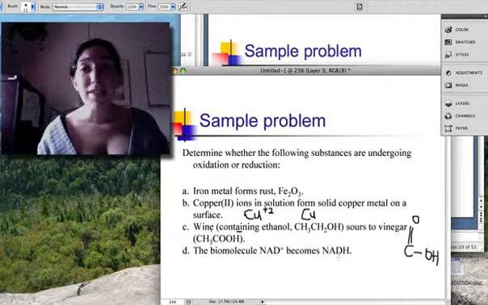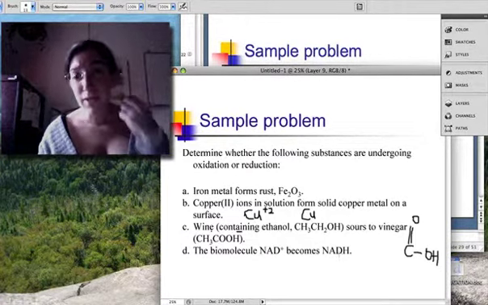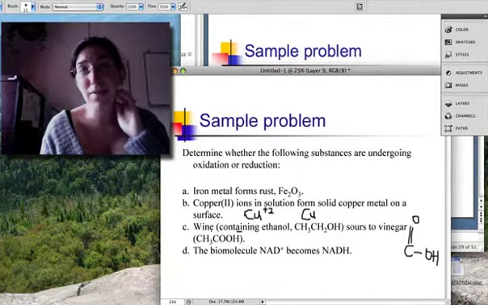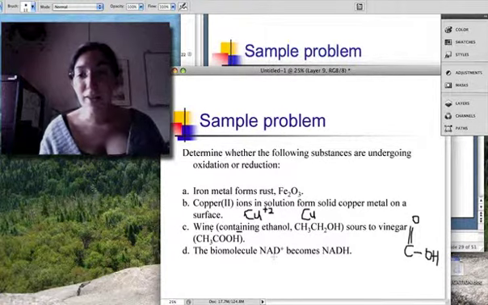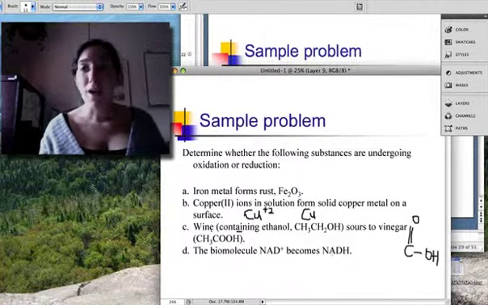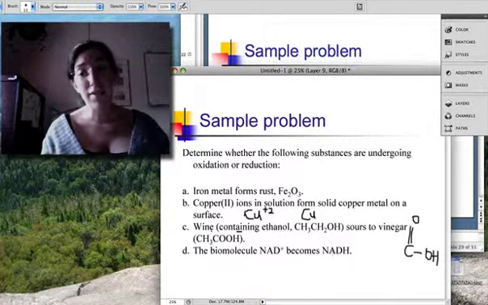This would be a reduction reaction for two reasons. One, because we went from a plus charge to a zero charge, which means we gained negative. We gained an electron, so reduction is gain. Another way to indicate this is reduction is that we gained hydrogens. So reduction can also be a loss of oxygen or a gain of hydrogens. In organic compounds, that's often how we judge.